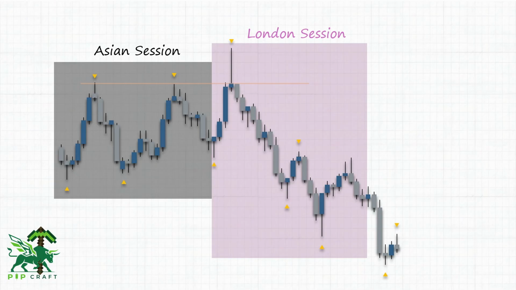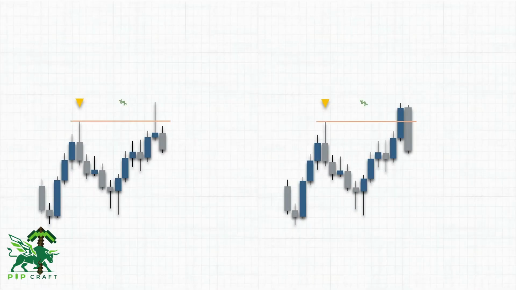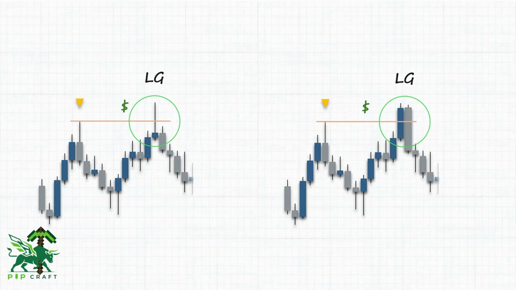The same logic works for a bearish liquidity grab pattern. A bearish liquidity grab pattern occurs when price moves above a key liquidity level, triggers stop losses and buy orders, but then quickly reverses and closes back below that level. This shows that buyers have been trapped and selling pressure has taken control, often leading to a move lower.